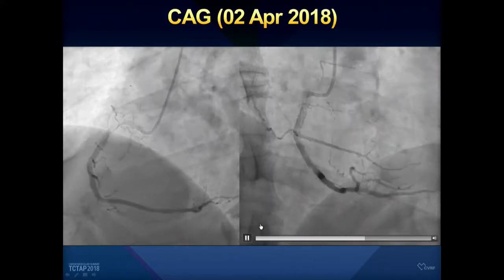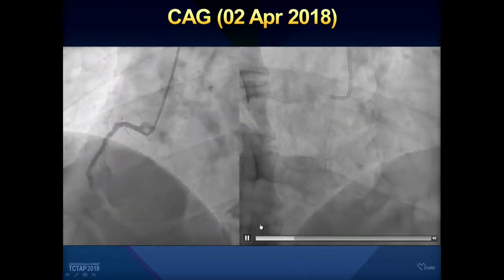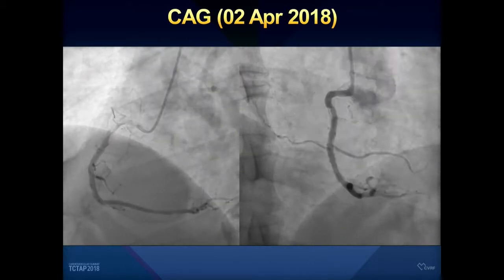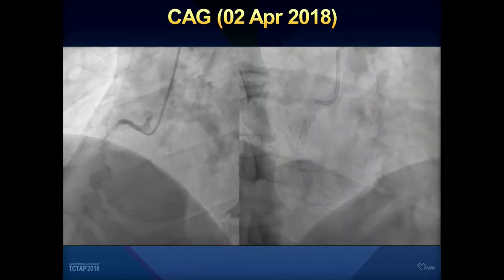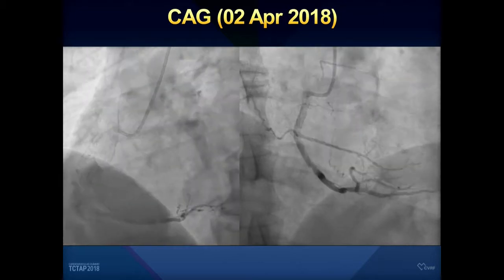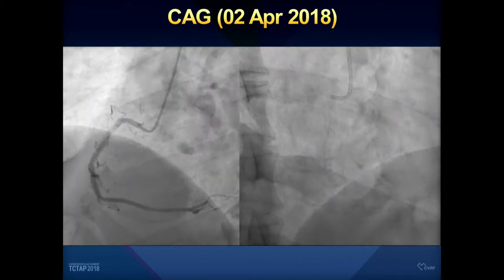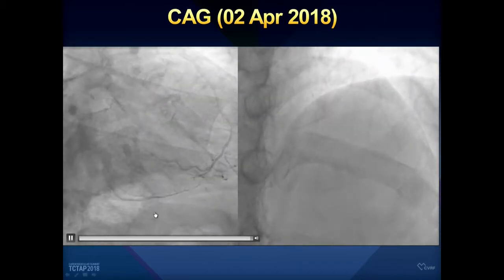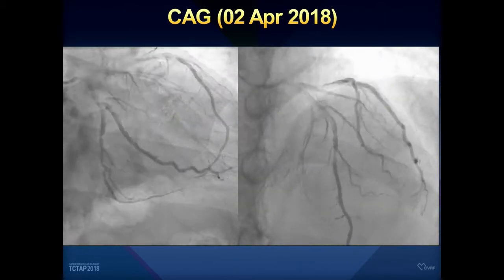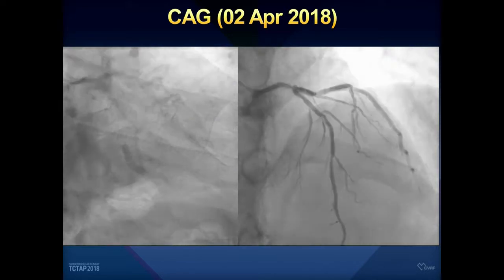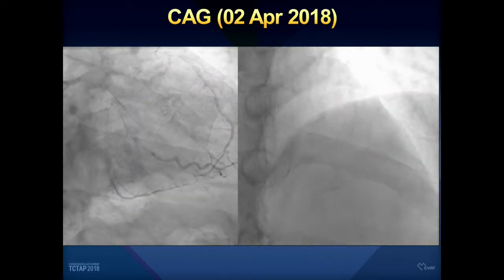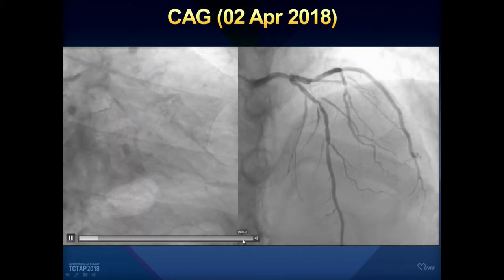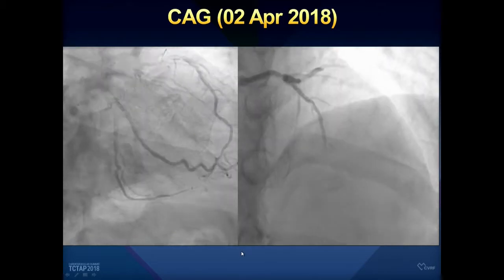Yes, this is the CAG of this time. As everybody can see, on RCA angiograms, there was no specific tight stenosis, and also the prior stent was patent. The next one. On left angiograms, as you can see, a mid-LAD tight lesion was noted, and also in the mid-circumflex, just proximal to the bifurcation of the OM, a proper stenosis was noted.